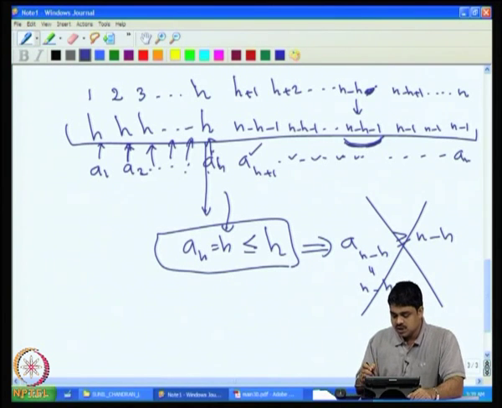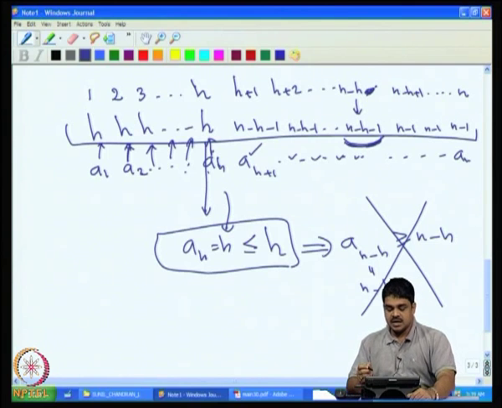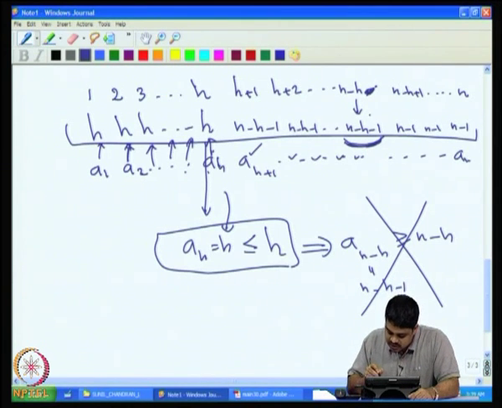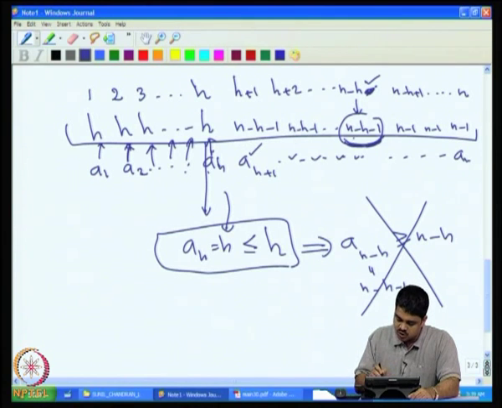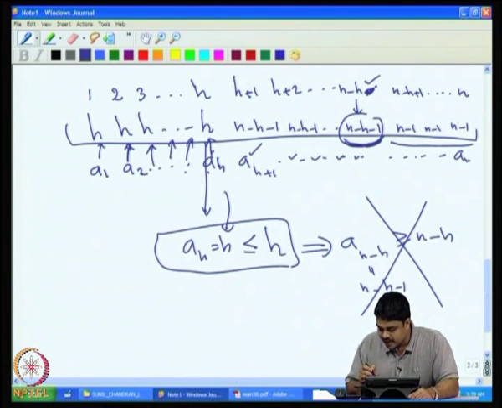It is not possible that any of these numbers a_(h plus 1) to a_(n minus h) were initially strictly greater than n minus h minus 1, because in that case how can a_(n minus h) be strictly greater than n minus h, since all these numbers are smaller than or equal to this number. And the later numbers we made as big as possible, namely n minus 1.